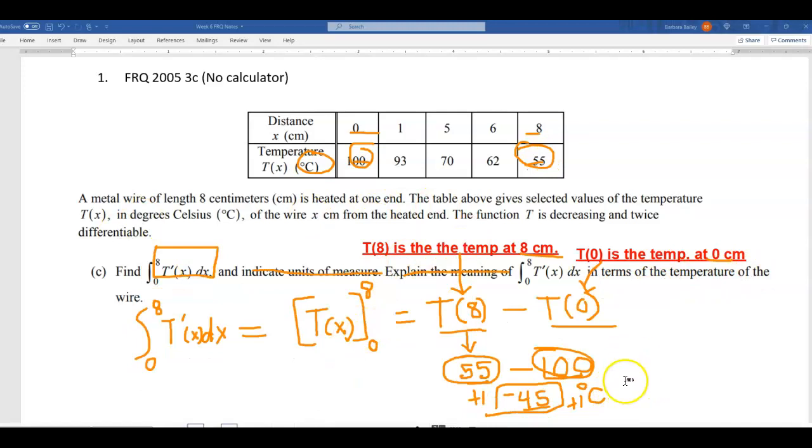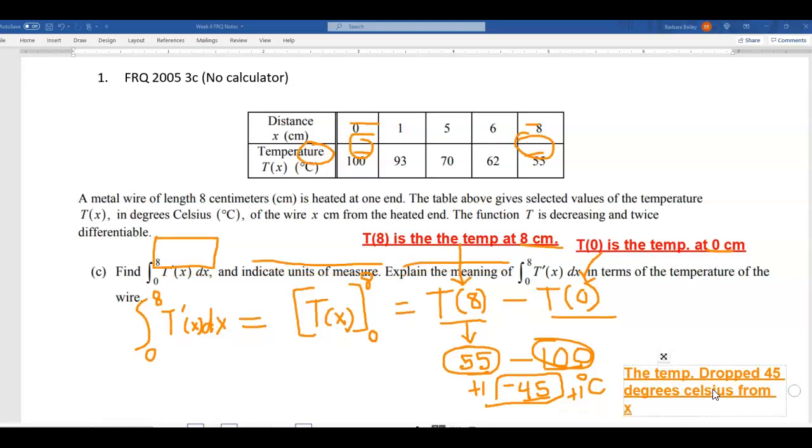But our final answer is actually going to be the following. It's going to be the temperature dropped 45 degrees Celsius from x equals 0 to x equals 8 centimeters.